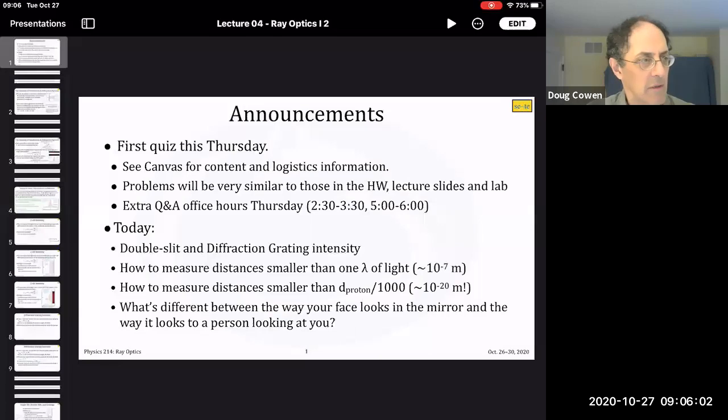I'll also mention that some people asked questions in the little mini survey at the end of the homework about a particular question in the homework, namely the one with the glass slide placed in front of one of two interference slits.